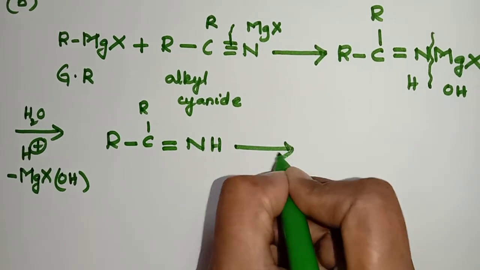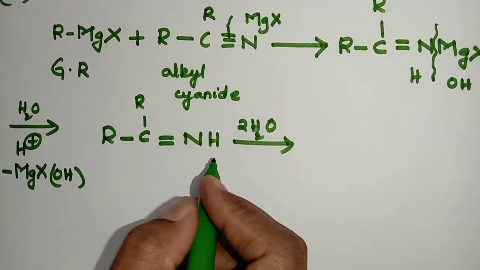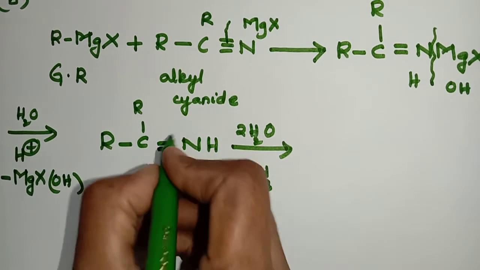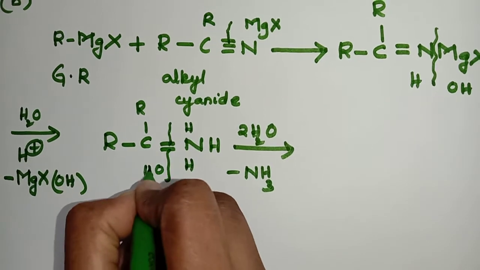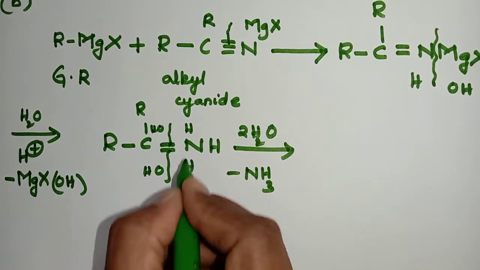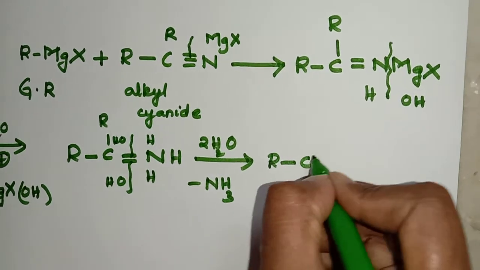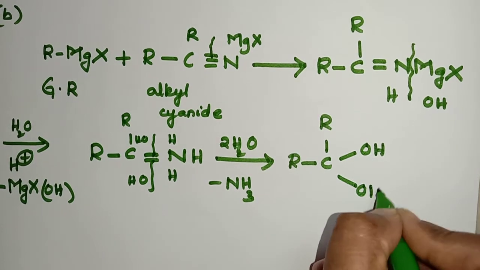This takes up two H2O molecules and what happens? NH3 comes out. So H, H, OH, OH. With the three hydrogens coming out as NH3, what remains? RCR with OH, OH.